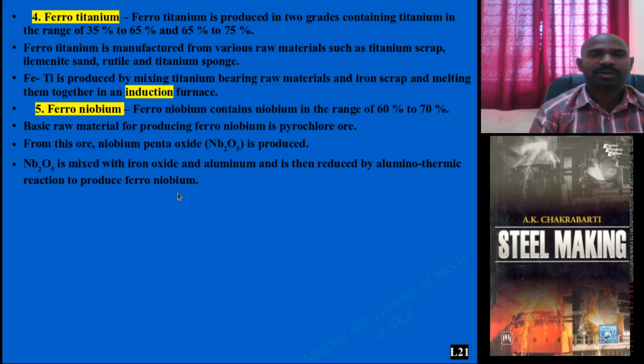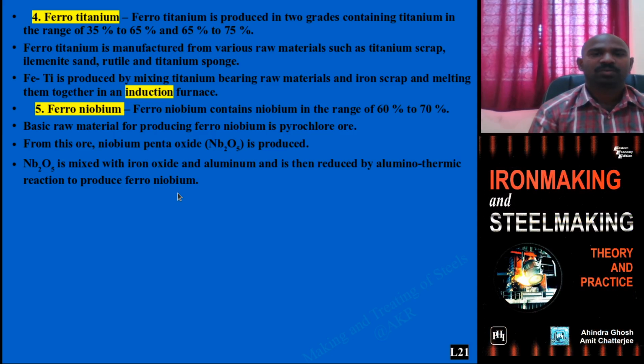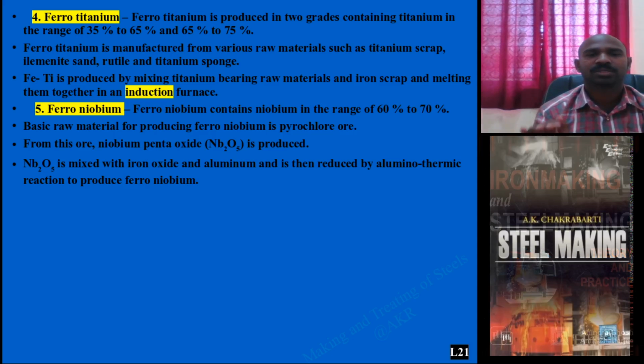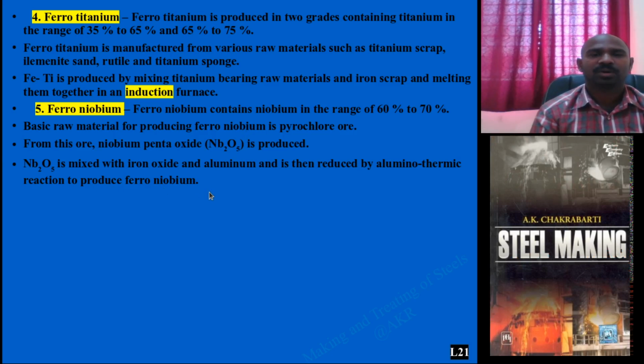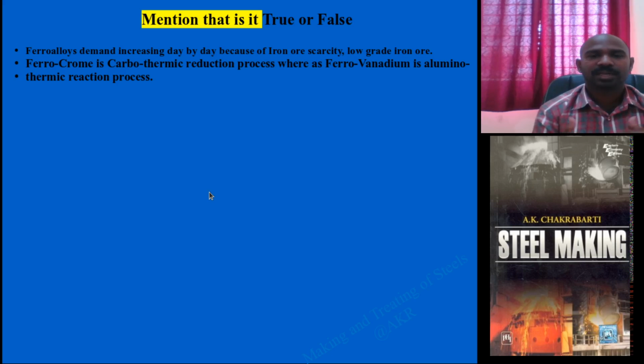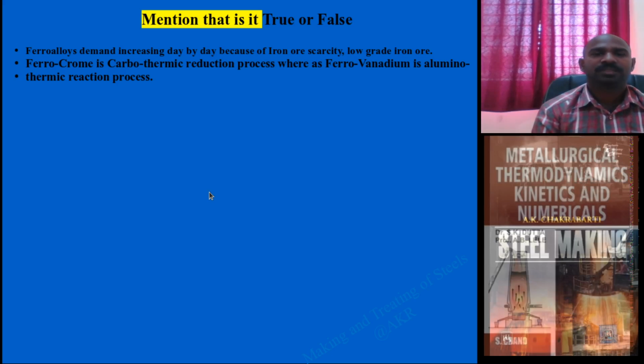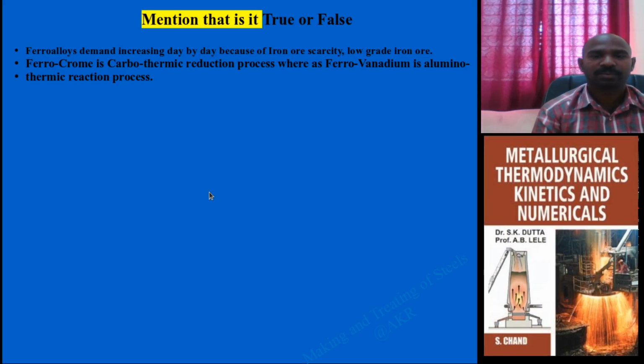It is a high temperature, metallothermic reduction process where metal aluminium is used to separate the oxides associated with the iron and niobium. Finally you will get ferroniobium.